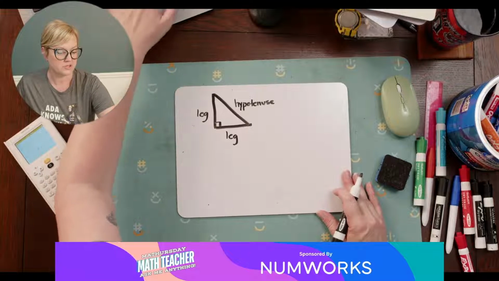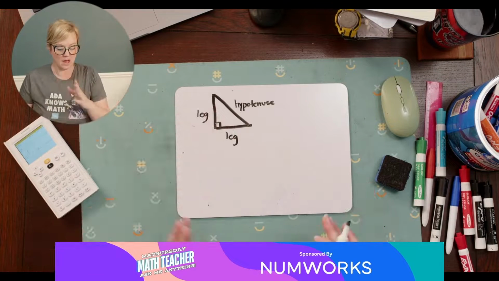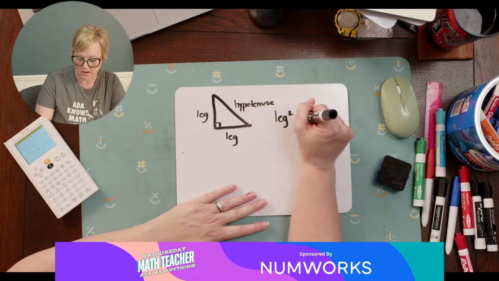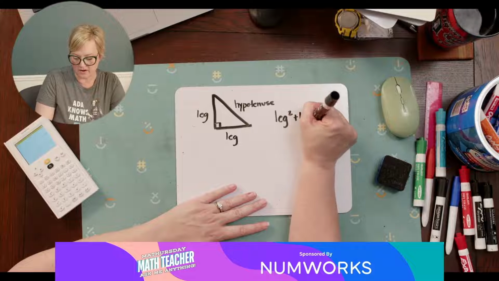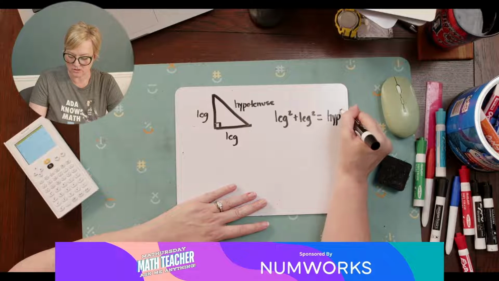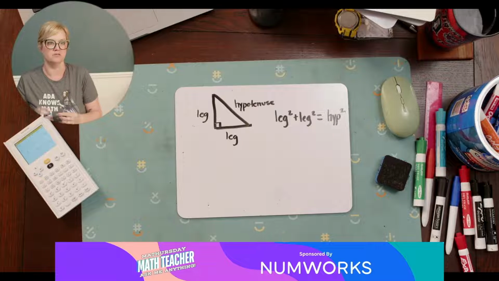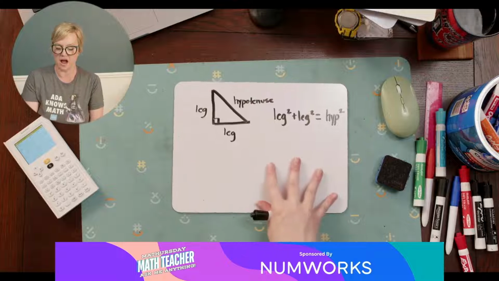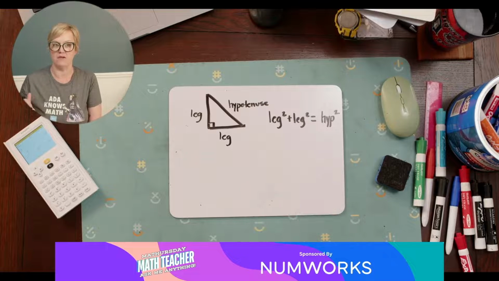Okay, so your leg squared plus your leg squared has to equal your hypotenuse squared. So this is what we've got going for us just with the Pythagorean theorem.